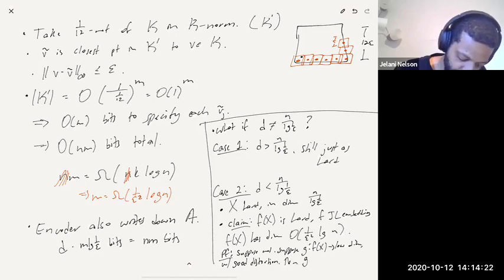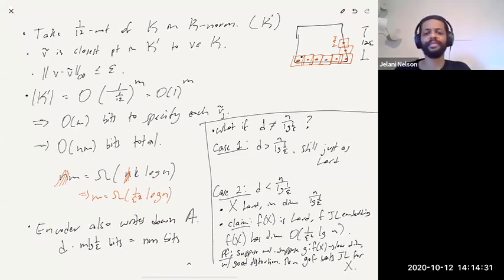Then G composed with F beats JL for X. But that's a contradiction, because we said that you can't beat JL for X. You can't go into lower dimension for X than JL. Right? That was our assumption. Our assumption was that X is the hard point set.